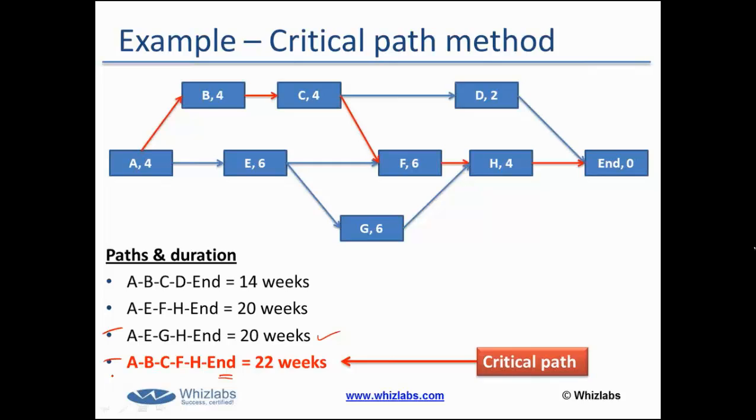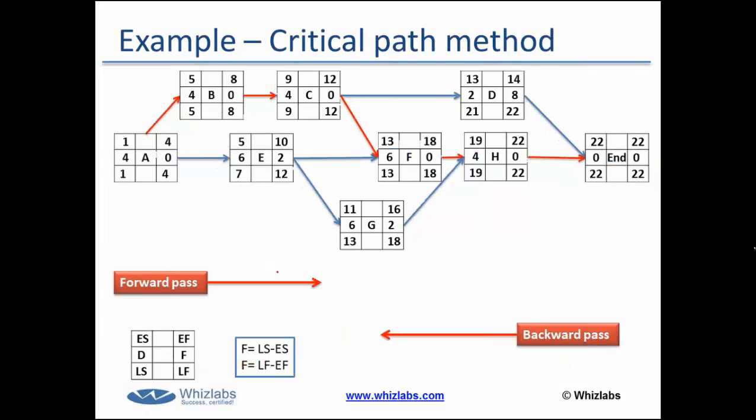Okay. In case you have a complex network diagram in the exam and you're asked to consider the float of a particular activity, you normally use the concept of a forward pass method or a backward pass method to calculate the float. Due to time constraint, I would not be able to explain the forward pass and backward pass method in detail.